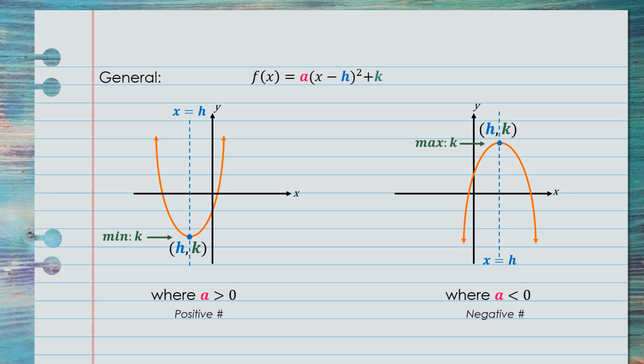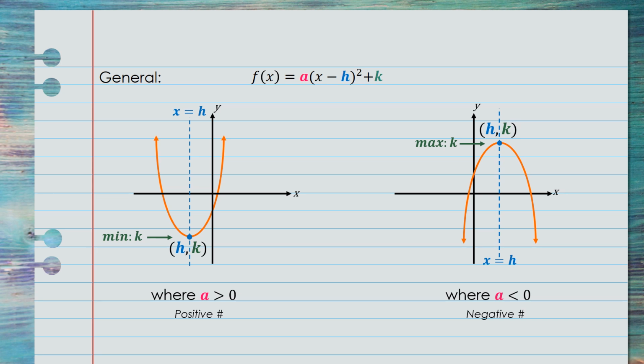As we look at the graph, we see it has a high point, which means we refer to that as the max, or maxima. The maximum is always represented by the k value of the vertex. Again, we will have a vertical line traveling through the vertex, and a vertical line is always of the form x equals. And since it's passing through the vertex, it will be represented by x equals h.